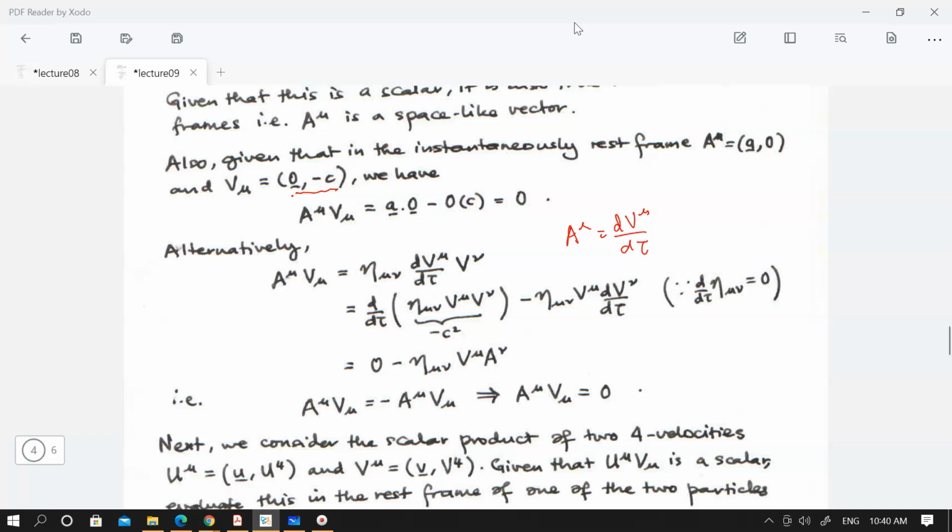So the total derivative is actually the inner product of your v's, which gives you minus c squared before. So d tau of minus c squared is going to be 0, and this is equivalent to that one, and essentially you can bring it to the other side. Then this tells us that A mu V mu equals 0.